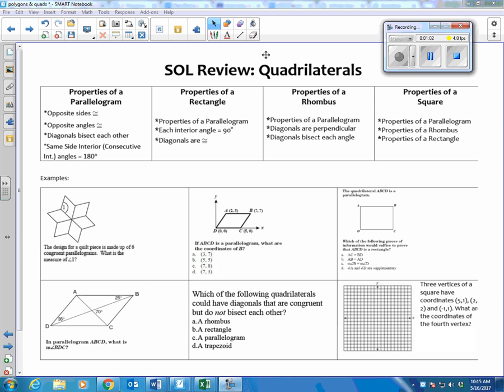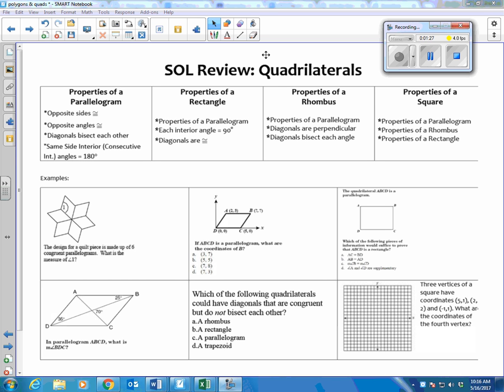A rhombus has everything that a parallelogram has. The diagonals are perpendicular and the diagonals bisect each other. Okay? In a rhombus, the diagonals do not have to be congruent, but they do have to bisect each other. They bisect each angle that they come in contact with, and the diagonals are perpendicular.